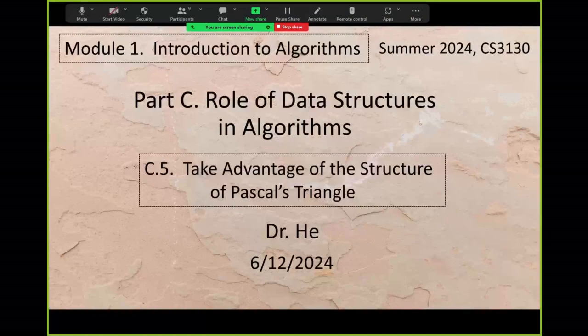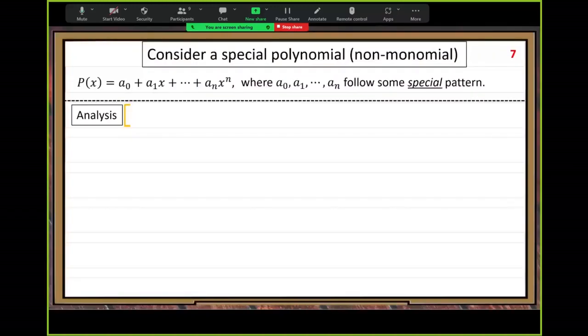So those are the two techniques. Then the next one, another interesting special case I like to talk about: take advantage of the structure of Pascal's triangle. Let me explain this method. This time we consider a special polynomial, non-monomial.